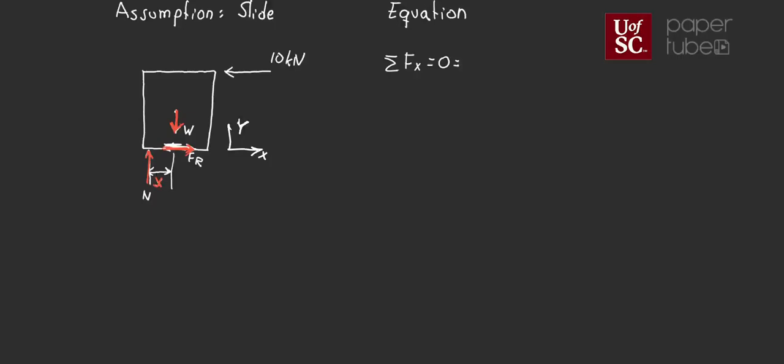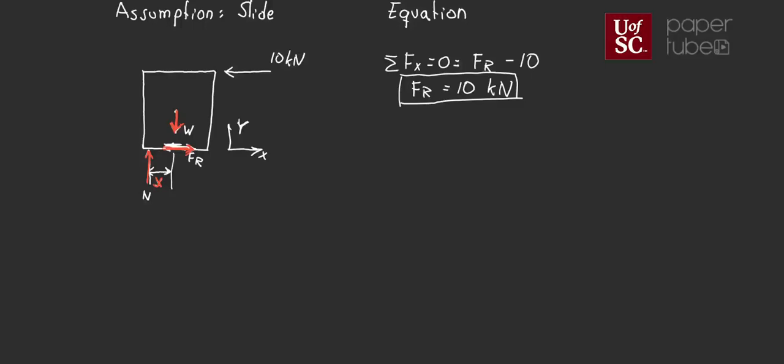And so we have that that's going to be my friction force minus my 10 kilonewton force. That's equal to 0. So my friction force is 10 kilonewtons. That's not my final answer, but that's one important number that I need to start remembering.